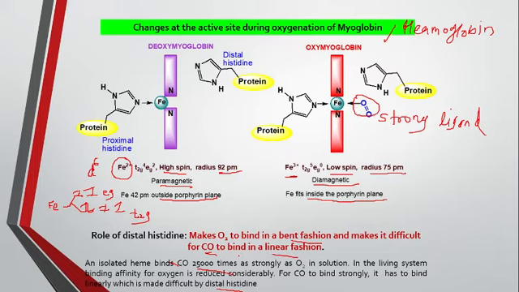That's why this histidine, which positions the Fe, gets converted to the distal form and lets the Fe bind the oxygen in a bent manner. That's why this is very important.